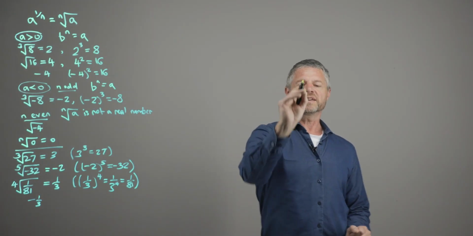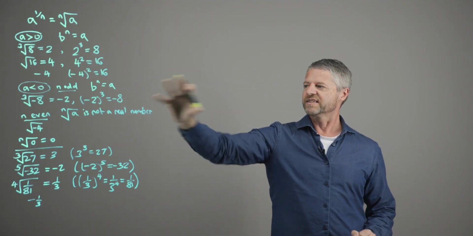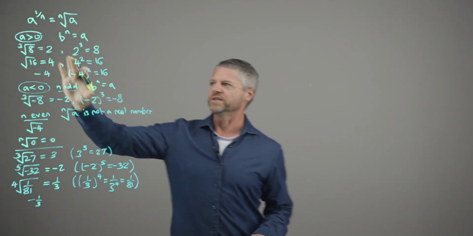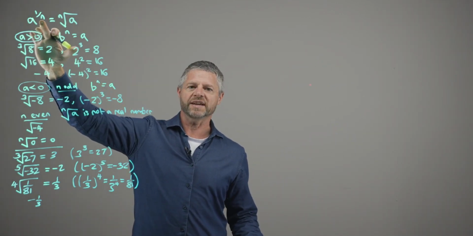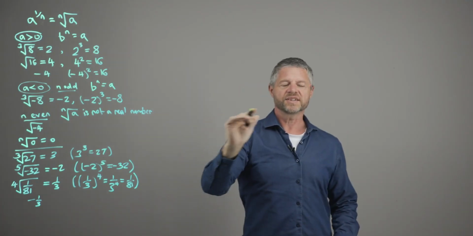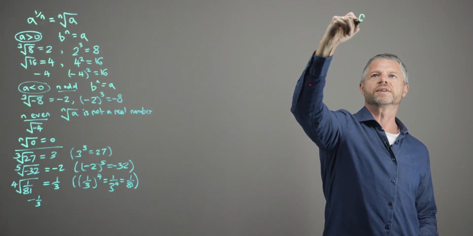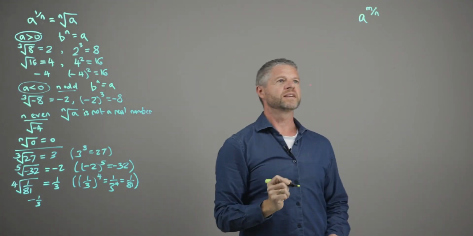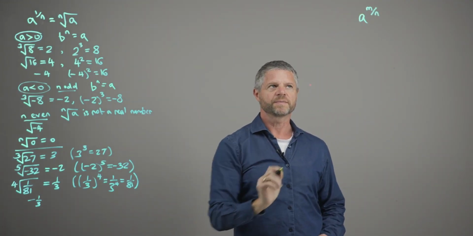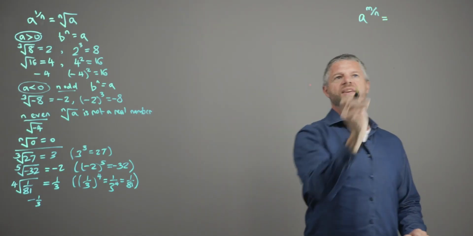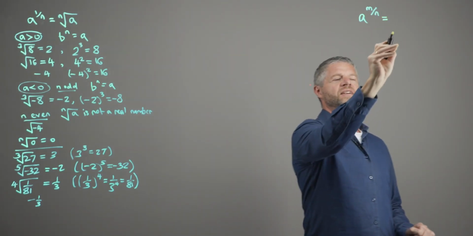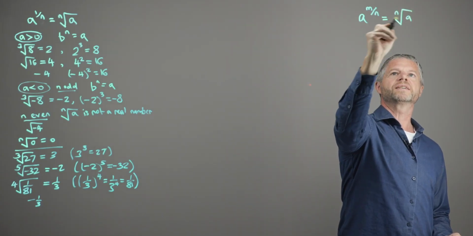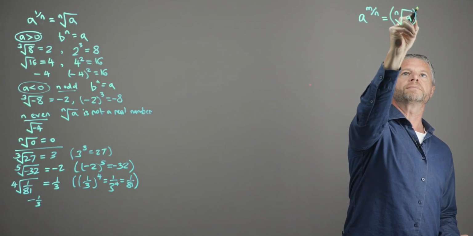So let's expand this idea with exponents of the form 1 over n, and let's consider what it means to have an exponent that looks like this, m over n. So what does that mean? So we could either think of this as the principal nth root of a to the power m.